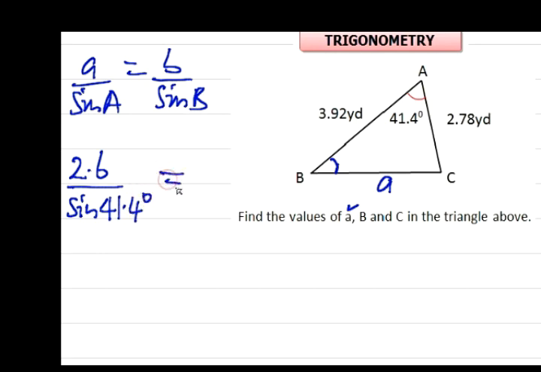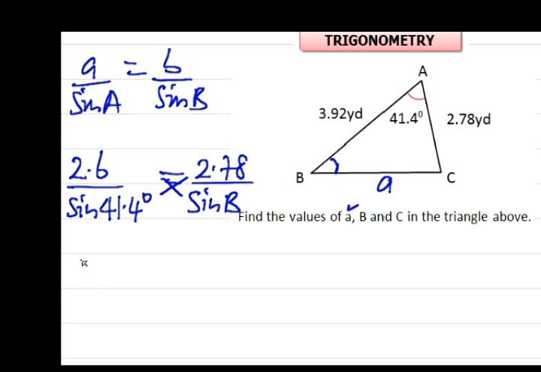Is equal to our b, 2.78, over sine b. This is what we're looking for. So by the time you cross multiply, remember, this one will come here.